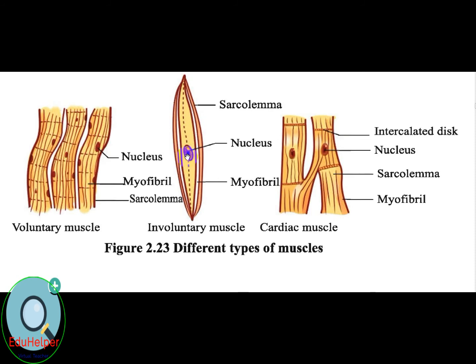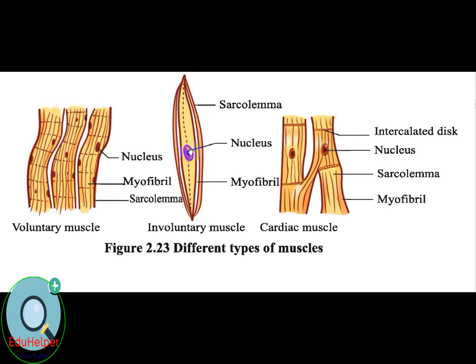Smooth muscle tissue is made up of thin elongated muscle cell fibers. These fibers are spindle shaped, pointed at their ends, and each has a single large oval nucleus. In comparison with skeletal muscle fibers, they are much shorter in length.